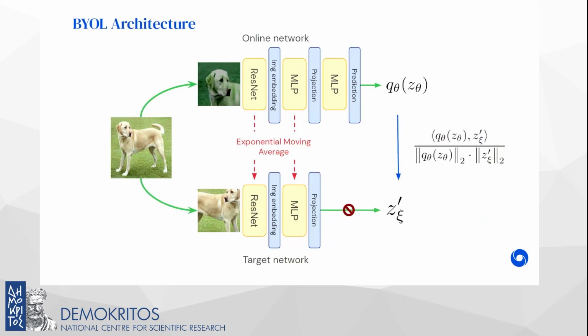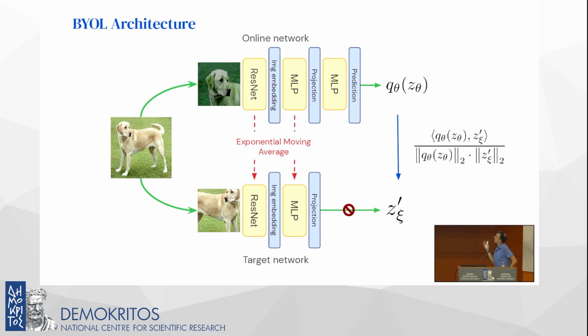Actually, we don't do this copying because this is very inefficient. What we actually do is we're using an exponential moving average approach. So again, we have two branches, the online or the student branch, and the target or the teacher branch. And basically, during training, we're training the online network, and the teacher is always an exponential moving average of the student.